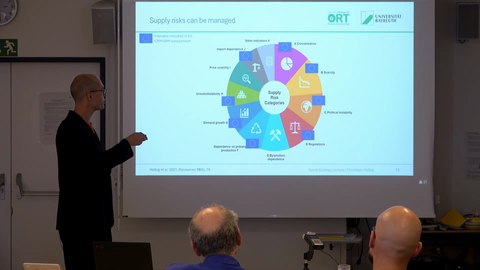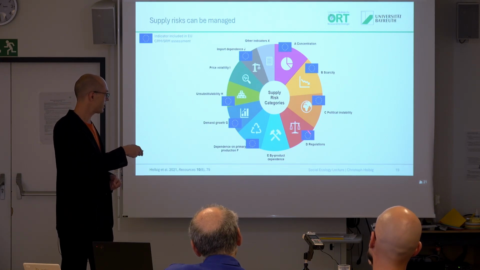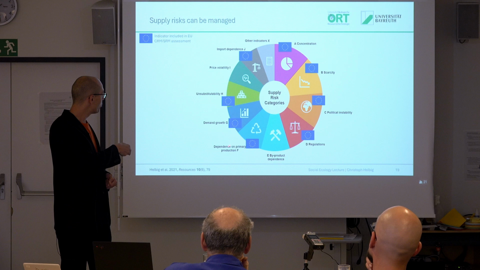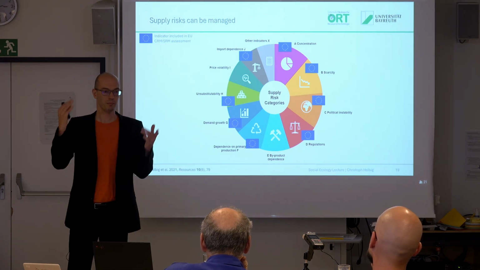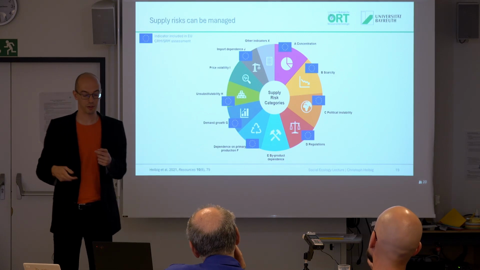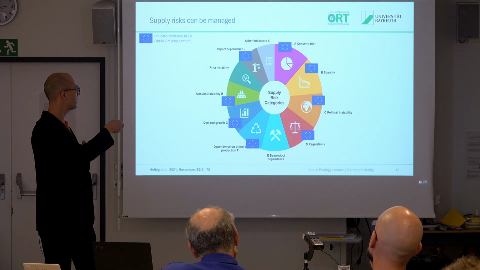They use concentration data. So how concentrated is a market? They use the scarcity now also. Political instability is used, regulations are used, and then byproduct dependence on primary production is used. So basically recycling information. Demand growth is used, substitutability is used, and import dependence.